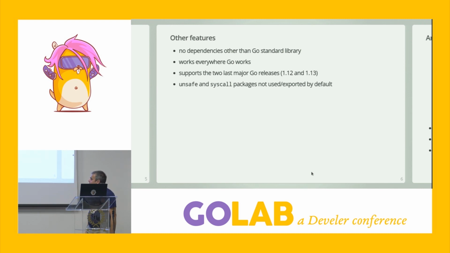We don't have any architecture-dependent code at this time, so it's kind of a trade-off. As with the Go toolchain, we support only the two last major Go releases. Today, these are 1.12 and 1.13. And as I said before, by default we don't provide access to, and don't use ourselves, the unsafe and syscall packages, but we provide a way to use them if it is really required by the application.